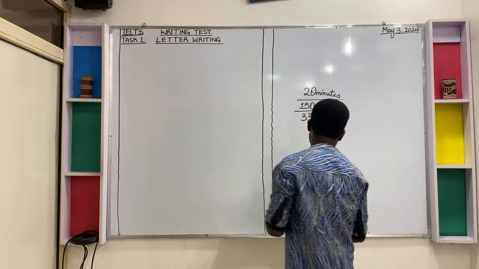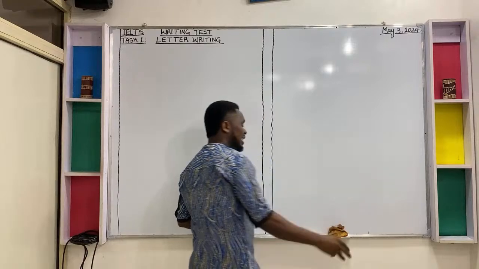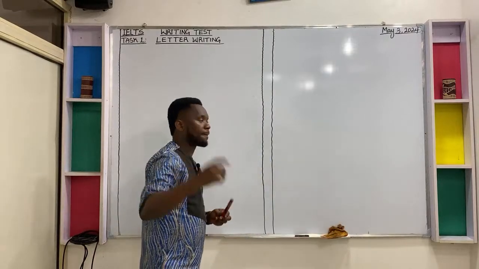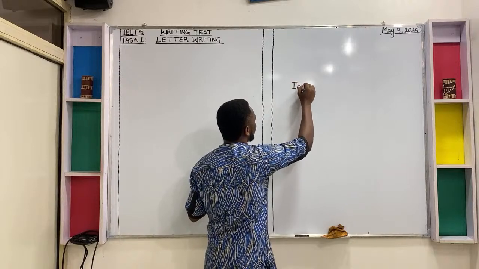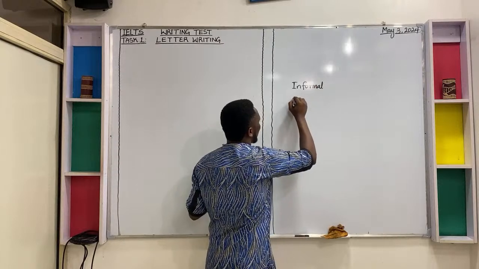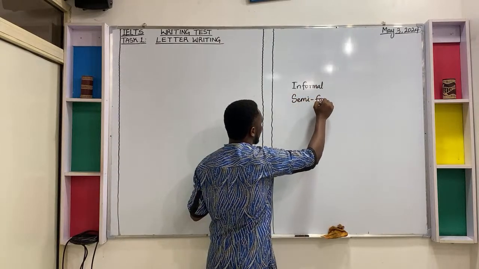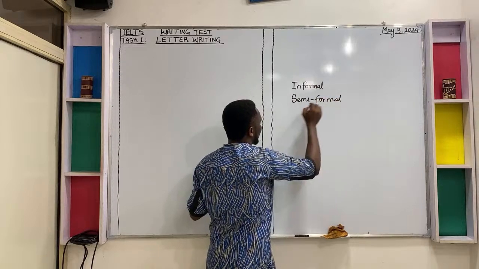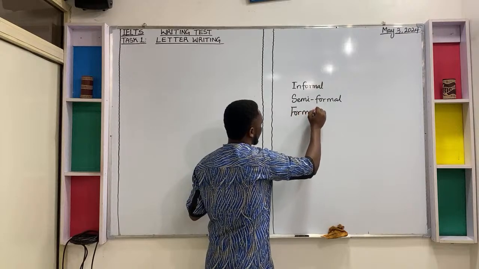Now, coming back to you, there are 3 types of letters. So we have the informal letters, we have the semi-formal letters, and then, of course, we have the formal letters.